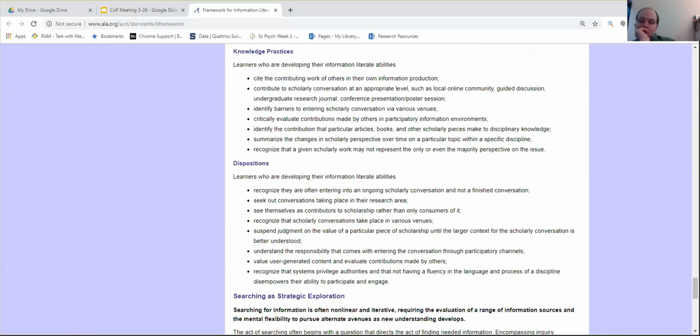So the idea is how can we make this explicit, like it's in your face, so that they know where the door is and what steps they need to get there. For me, that's my takeaway. And it's one of the things that has come out of me working with both the RSD and the Framework for Information Literacy: this theme that continually runs through both of them, which is making thinking visible.